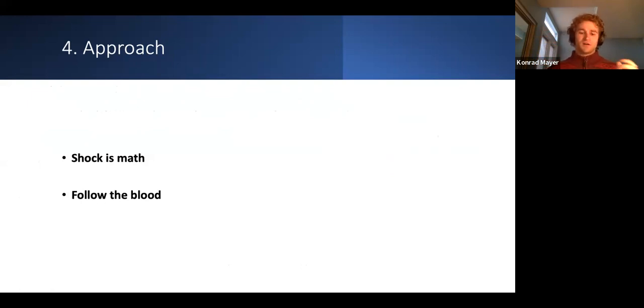The first, as you've already noticed, is that lots of shock has to do with math and formulas. So the first portion of my approach is going to be the shock formula. And the second approach is going to be a visual diagram of just following the blood and seeing where it gets stuck. Why is the blood not reaching my tissue, and why is my tissue being hypoperfused?